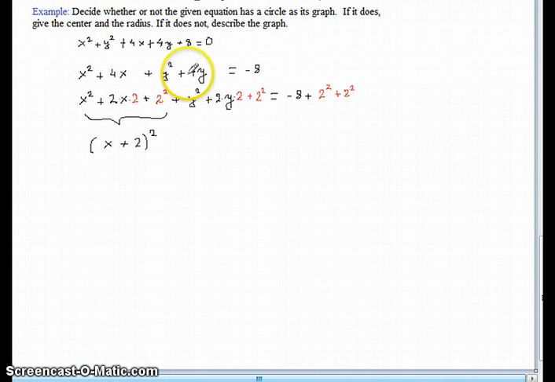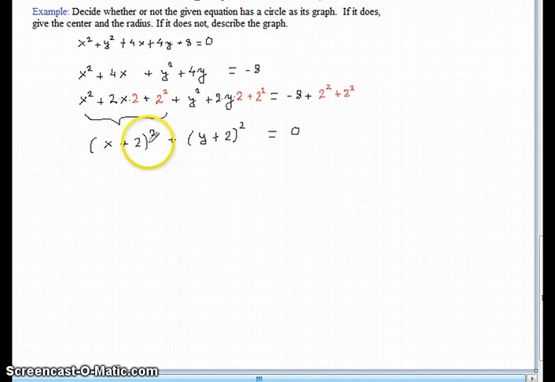The first perfect square trinomial can be factored as x plus 2 to the second, first plus second squared. And the second perfect square trinomial can be factored as y plus 2 to the second power. And we have to work on the right side. 4 plus 4 is 8 minus 8 will get 0. So the number on the right side is 0. On the left side we have a sum of two squares.